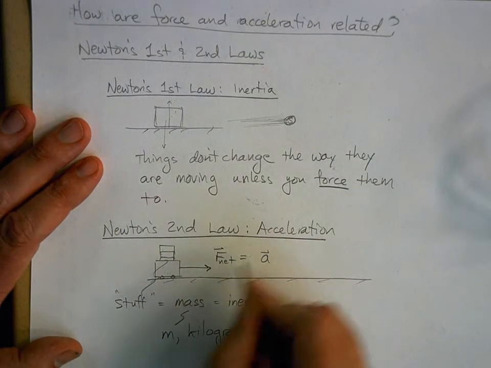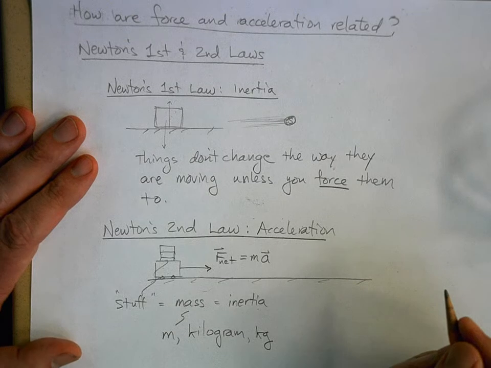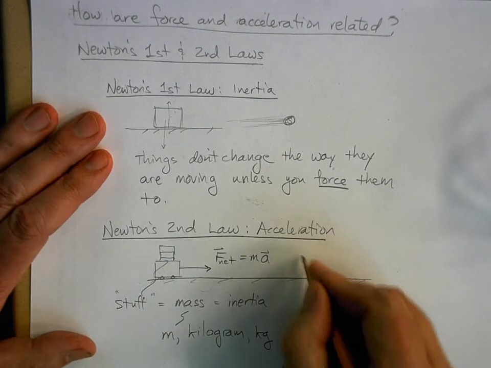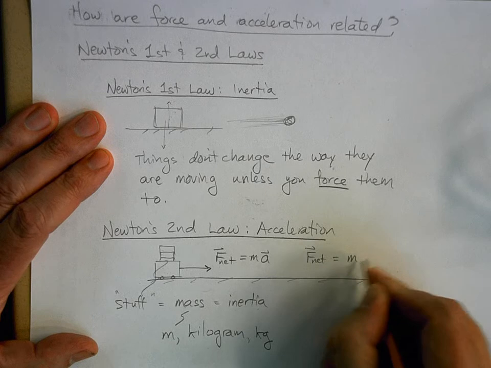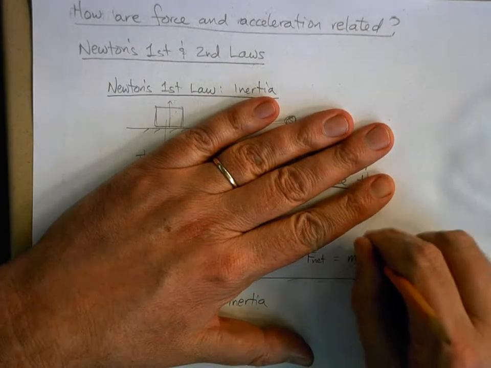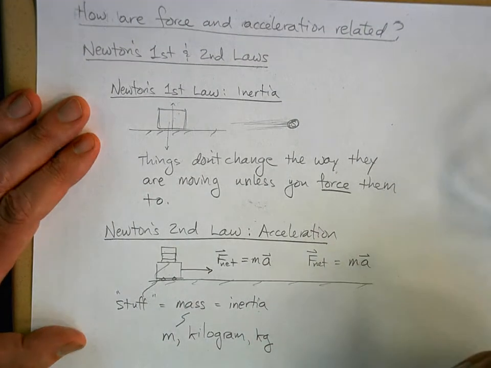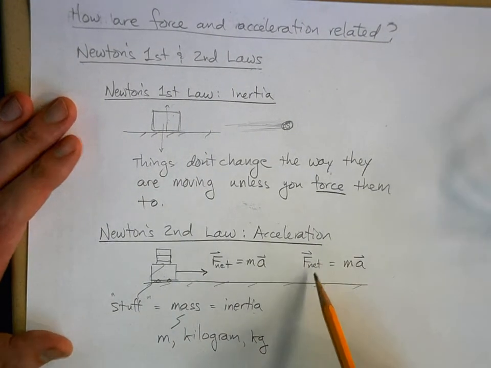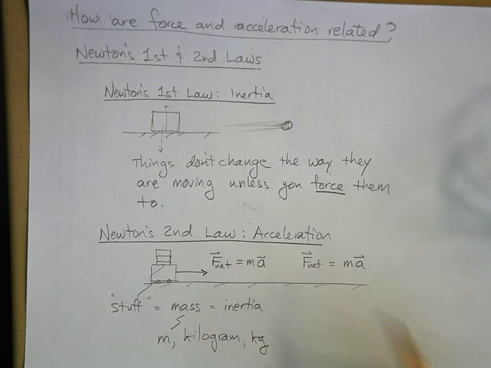And it turns out that if you do the experiment, you get F net equals ma. I'll rewrite it here: net force equals mass times acceleration. Now notice that force, we talked about this last time, is a vector. It has magnitude and direction.